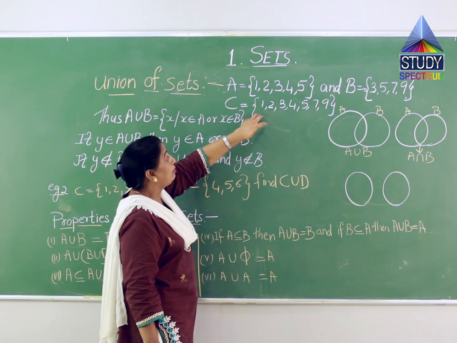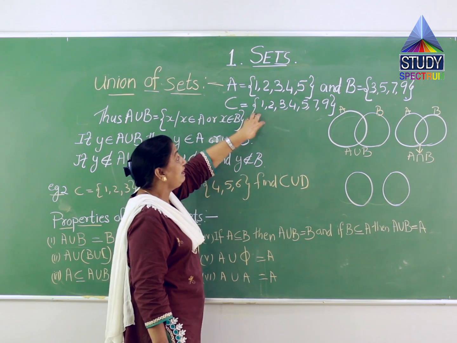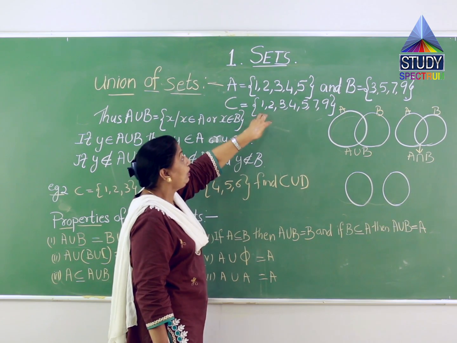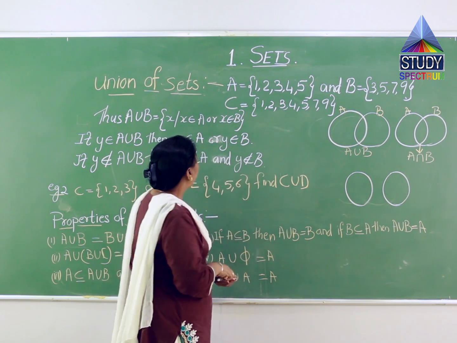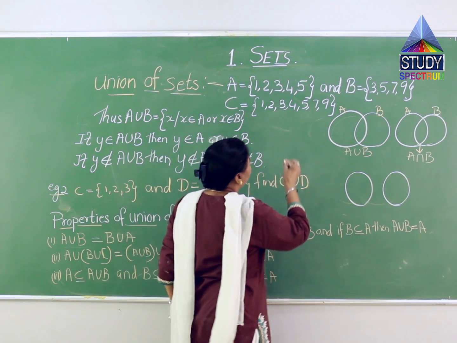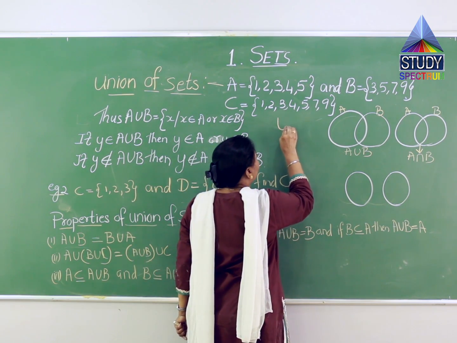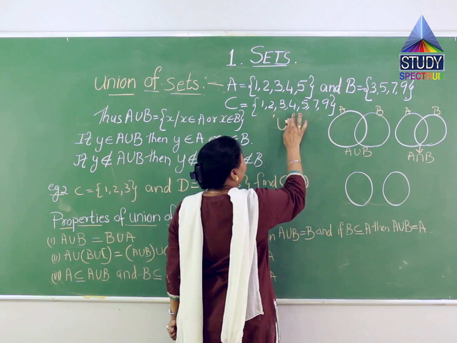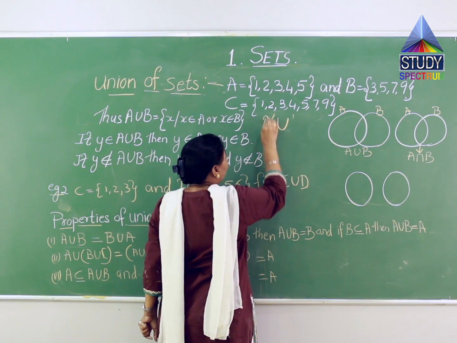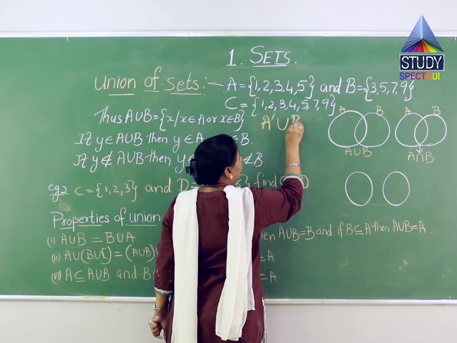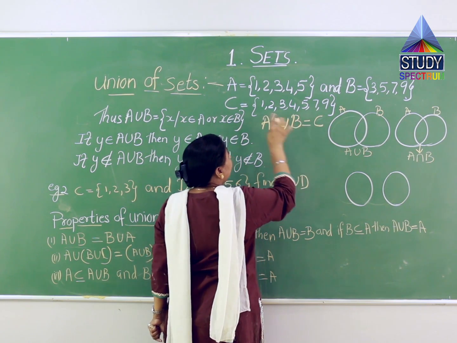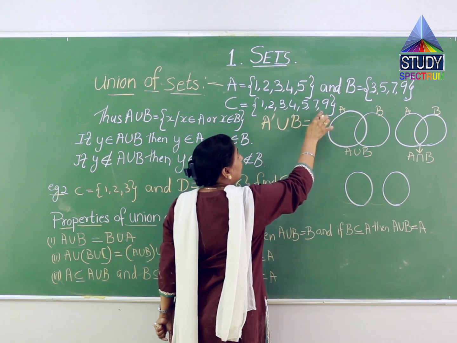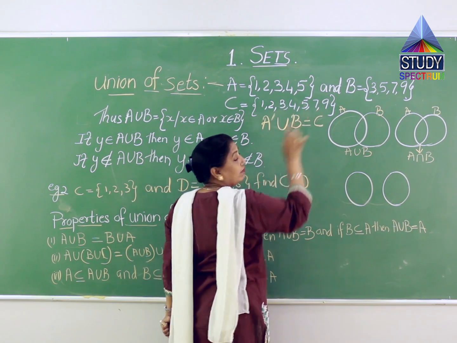So what I can make out from this is that C is a set which is equal to the union of sets A and B. Union is always denoted by this symbol. So when I write A union B, this is equal to set C, as C consists of all the numbers or elements present in both sets.